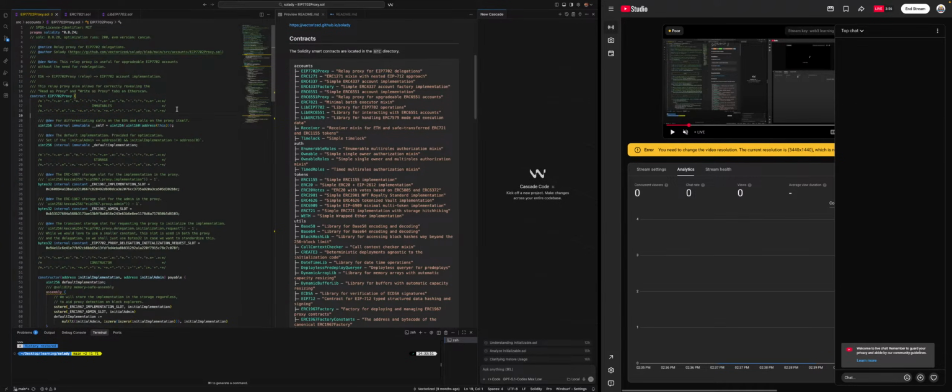So let's start with it. It's an EIP 7702 proxy, so let's understand what EIP 7702 is. There are two types of accounts. First is the EOA, which is the general wallet that you use that has a private key, and you can use the private key to send transactions and sign data. And there are smart contracts which hold the logic, but you don't have access to a private key.